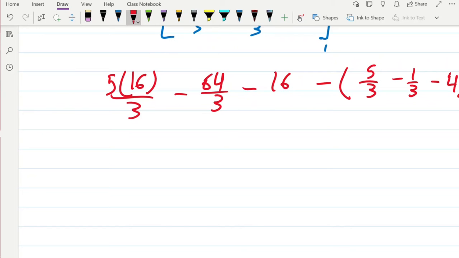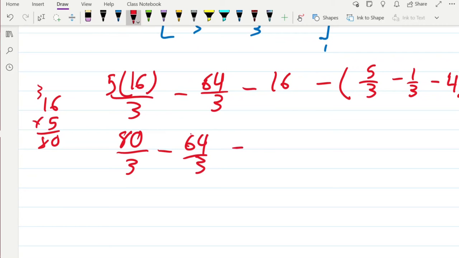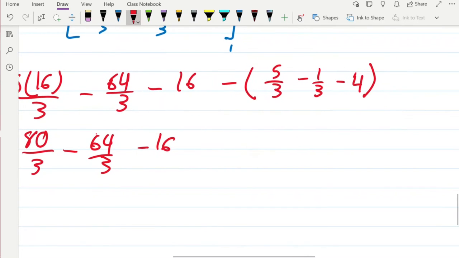All right, so 5 times 16, I believe that is 80. 80/3 minus 64/3 minus 16 minus, so 5/3 minus 1/3, that's 4/3, but it's minus, so opposite 4/3 plus 4.